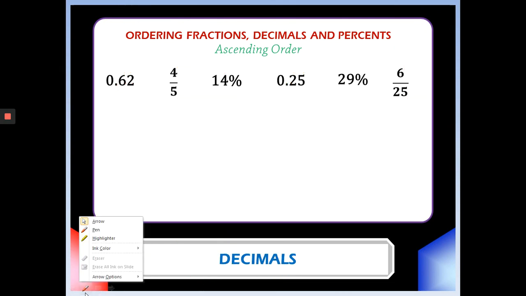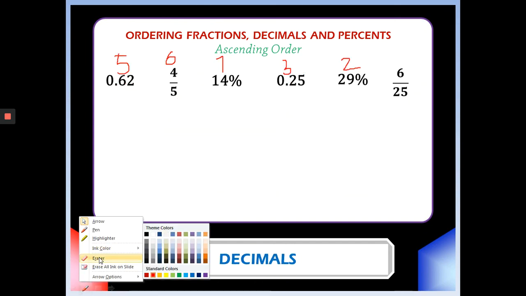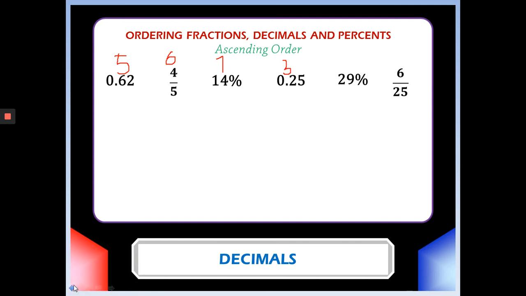So this is fifth, this is the sixth, this is the first, this is the third, this is the second, and this is the fourth, and then the second. So let's see if we've got the same answer.